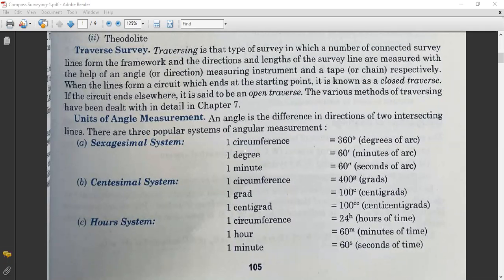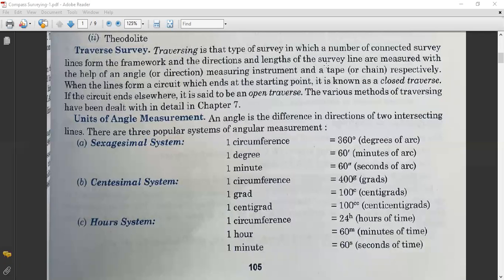Next, the hour system, where one full circumference is 24 hours, for example the wall clock which we have. 1 hour is 60 minutes and 1 minute is 60 seconds. So if I need to measure the directions or angles in the hour system, I will indicate it in terms of hours, minutes and seconds. Correct?